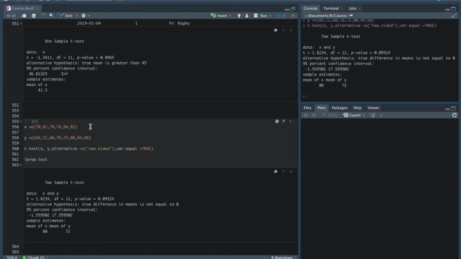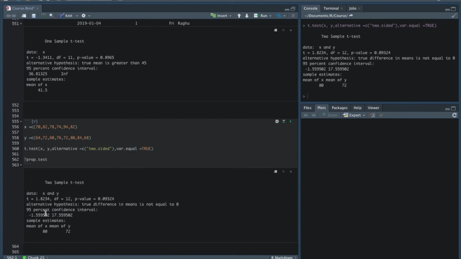So to do that, we run this test, and this is the result, which says there is 95% confidence that the difference in mean is between minus 1.5 and 17.5. So 0 actually falls in between this range.